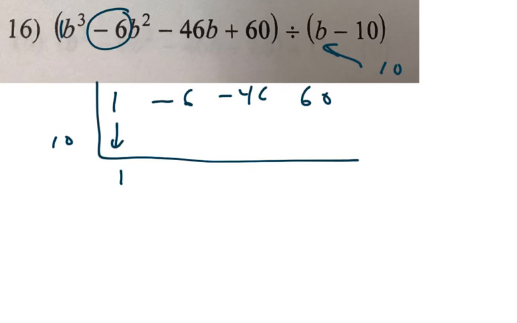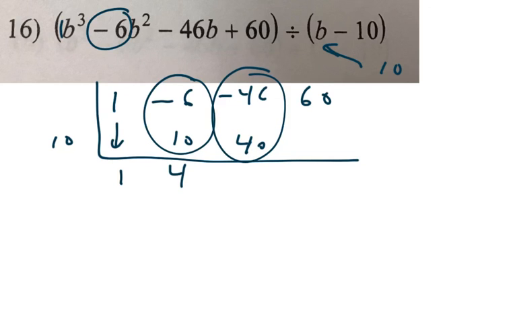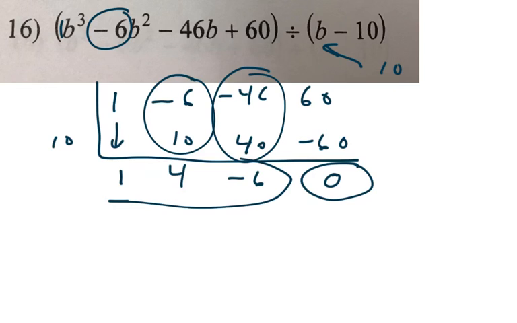I'm going to bring down the 1. When I multiply there, I get a 10. 10 minus 6 is 4. When I multiply there, I get a 40. -46 and 40 is -6. When I multiply one more time, I get a -60. I got a 0 remainder again. What does that mean? This right here tells me that I have b squared plus 4b minus 6.